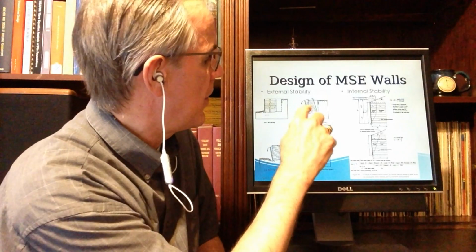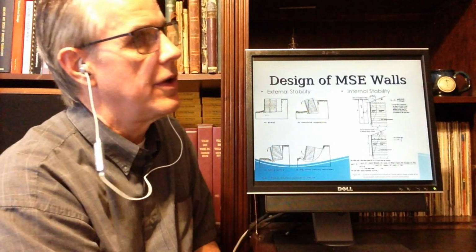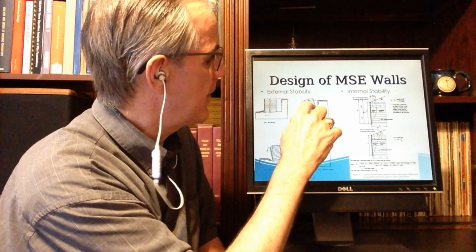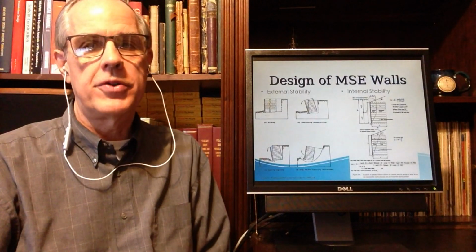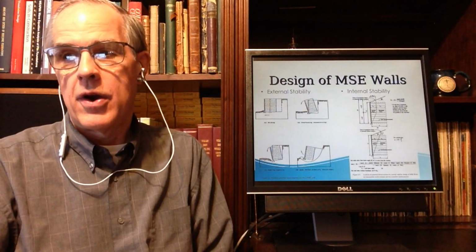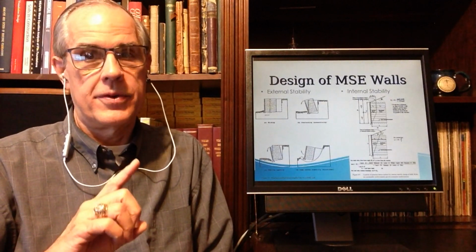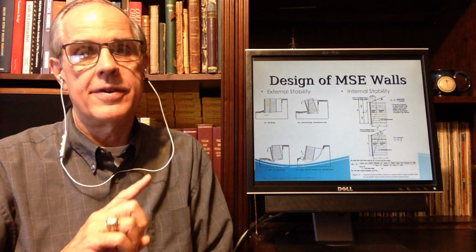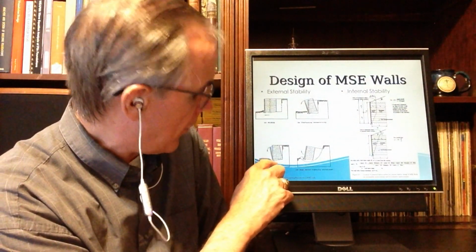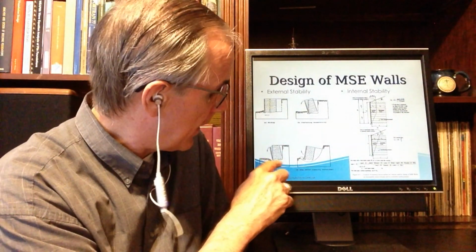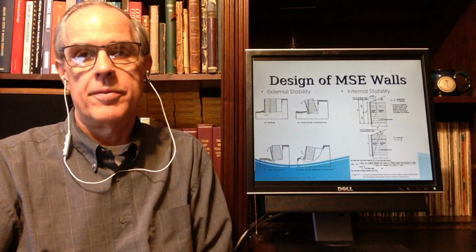The only thing that's keeping this block in place is the weight of the reinforced backfill, which basically has a centroid in the middle of it, since we're going to assume that most of our reinforced backfills are rectangular. And we're going to see that that's not an obvious thing to say in just a minute. We have bearing capacity and settlement, I might add. And then we have a global stability issue, which we talked about with gravity walls.